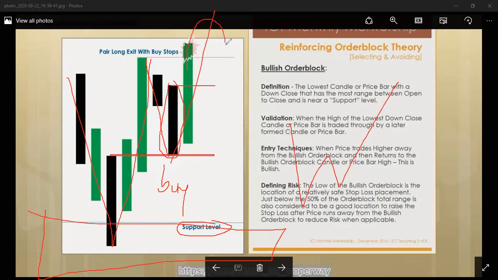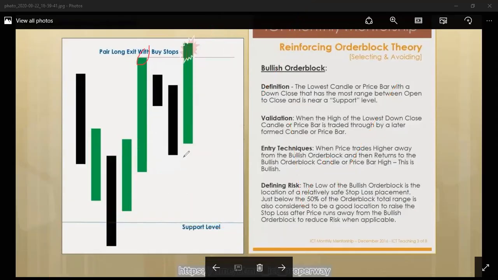So later on, when price comes back here, we can buy again. Then price goes up. So this will be our higher high, higher low, higher high somewhere here, then higher low here on the order block, then price goes up.